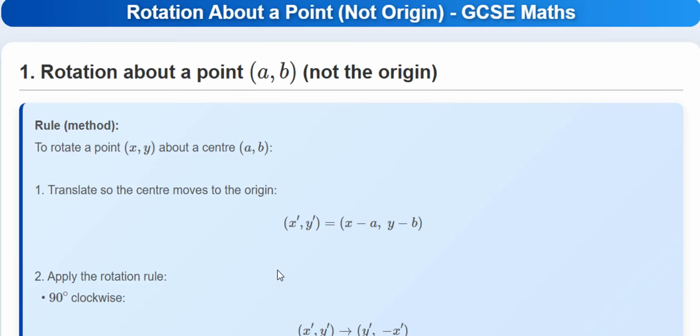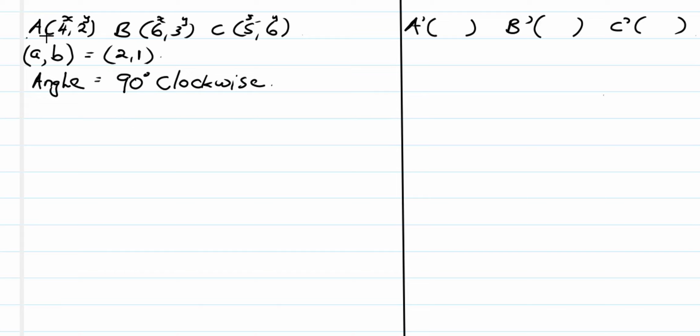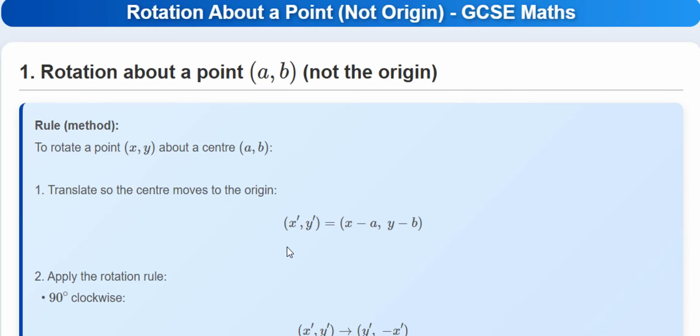The first step we need to do is take these coordinates and translate them first, such that now the center of rotation is kind of like the origin. And to do so, we use this formula here.